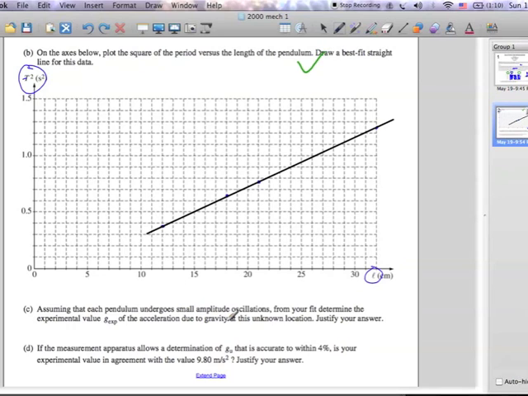And C, it wants you to find g experimental using this line from your fit, and it's at an unknown location, so they don't want you just to say 9.8 because it's probably not going to be.